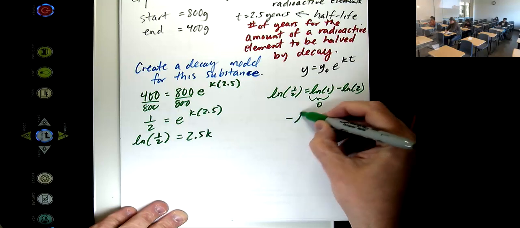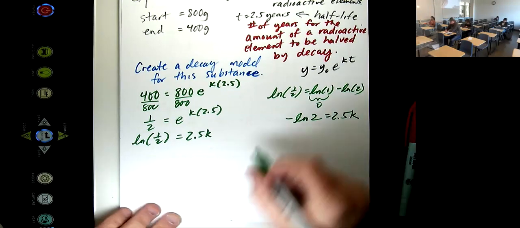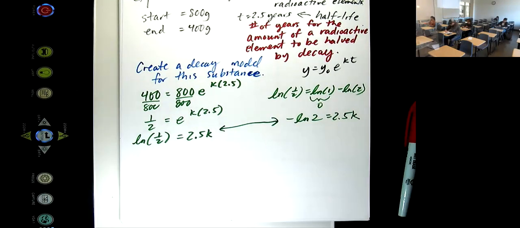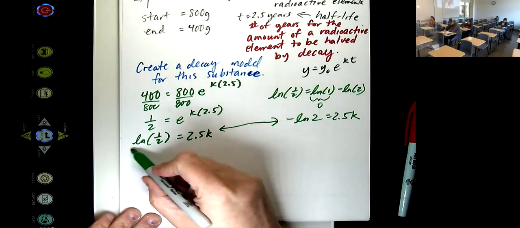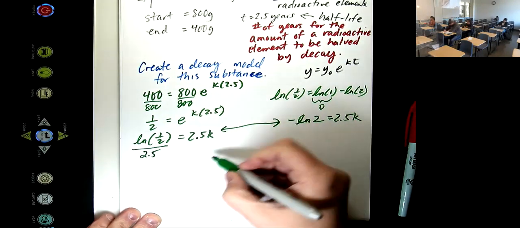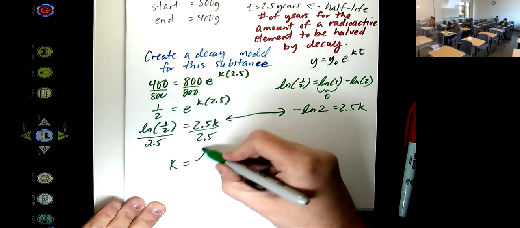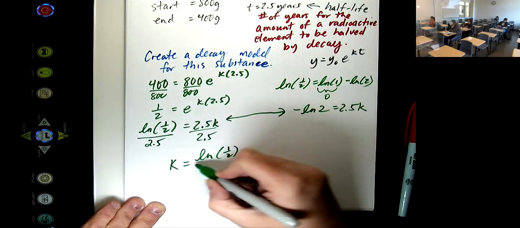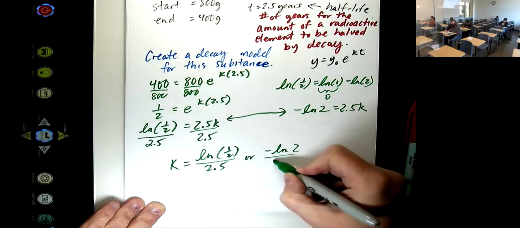So this is the same thing as negative natural log of 2 equals 2.5k. These are identical. But you're probably going to put it in a calculator anyways. But here you can see where the negative comes from. Divided by 2.5, and we get k equals ln 1/2 over 2.5, or negative ln of 2 over 2.5.